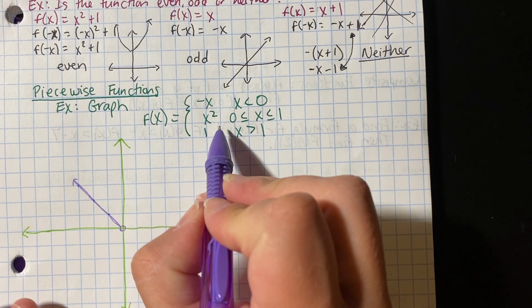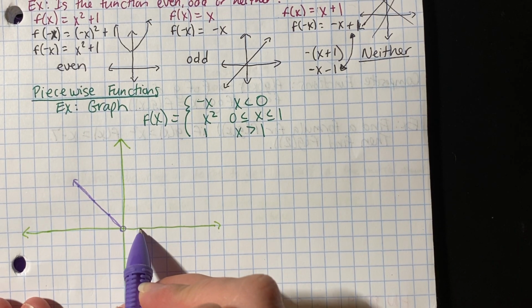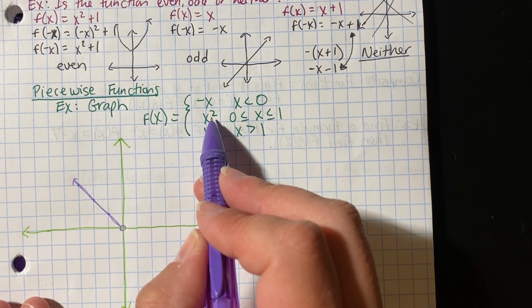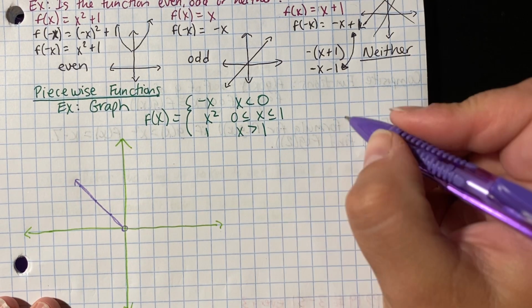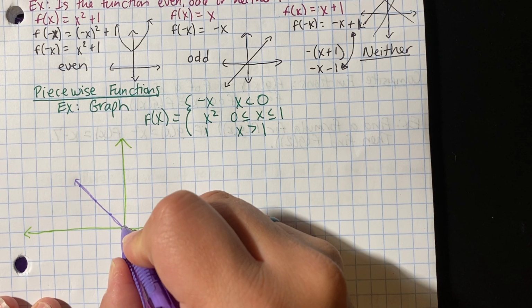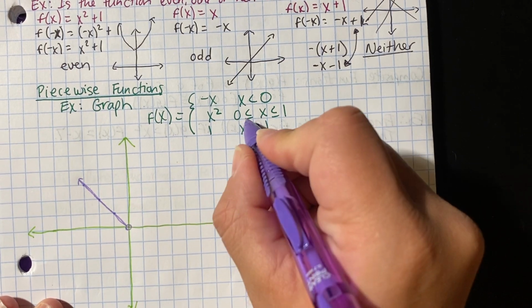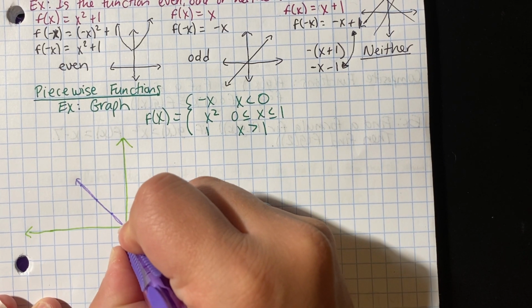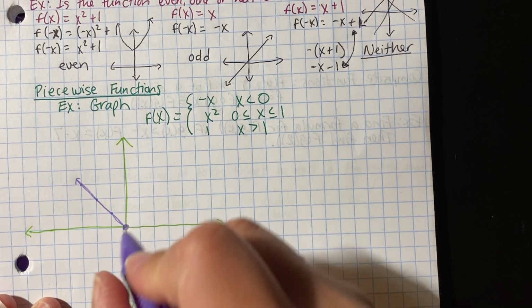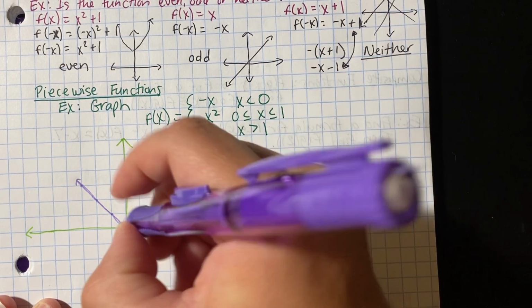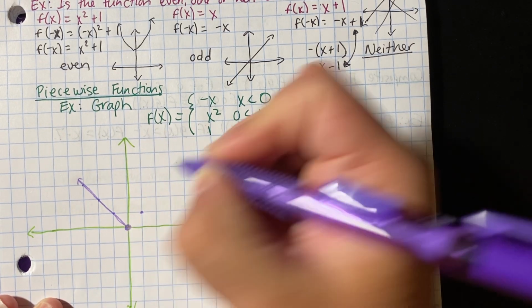The second piece says from 0 to 1, we're going to have x squared. We would need 0, and it includes it, so we can fill this bubble in. And if we plug in a 1, it's going to be 1, so we're going to go here.